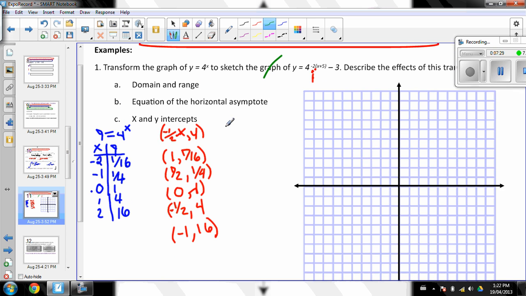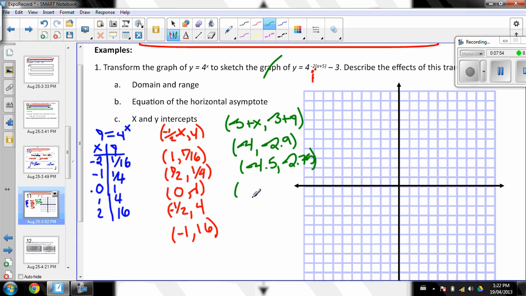So I take negative 5 plus x, negative 3 plus y. So then we have negative 4, comma, negative 2.9. Then we wind up with negative 4.5, comma, negative 2.75.